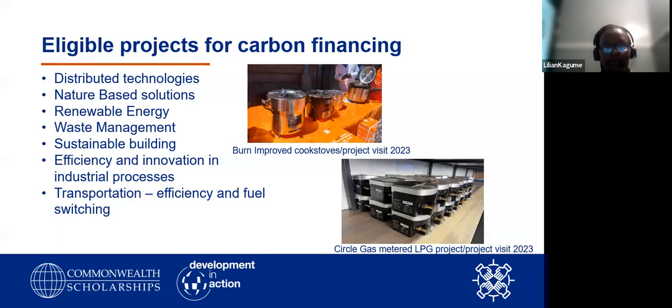The types of projects that are known to be eligible for carbon financing are distributed technologies like improved cookstoves, induction cookstoves, water filters, and so forth, and biogas systems. Then we have nature-based solutions. This covers projects like mangrove, forestry, REDD+, anything that has to do with nature.